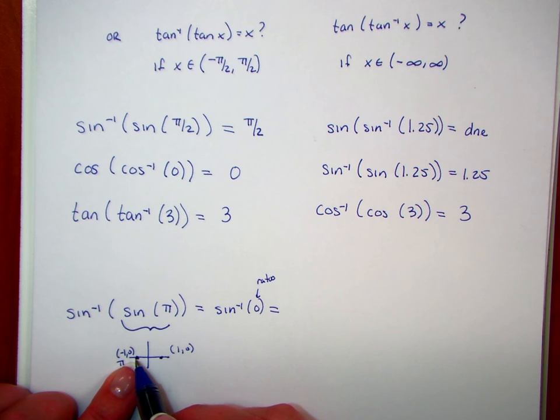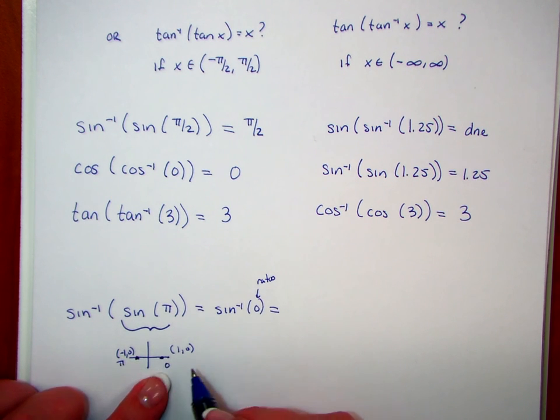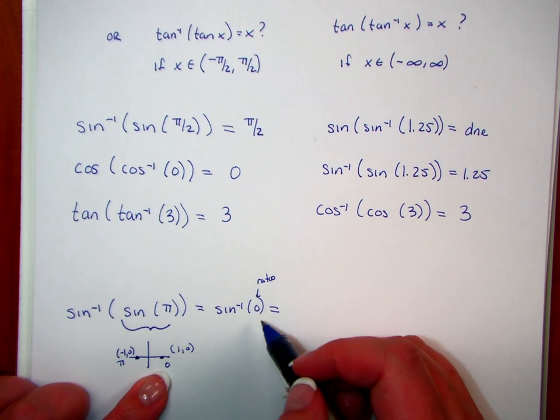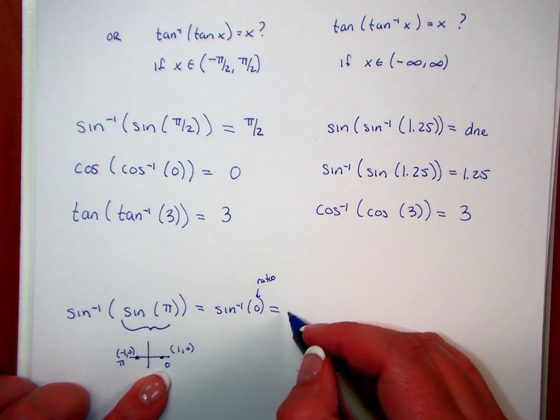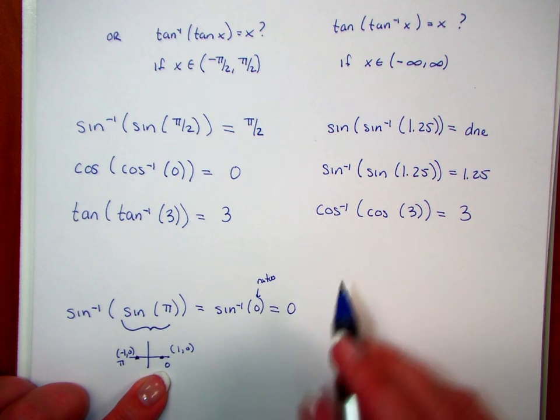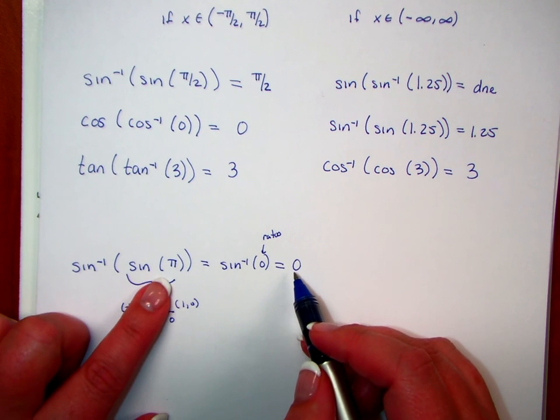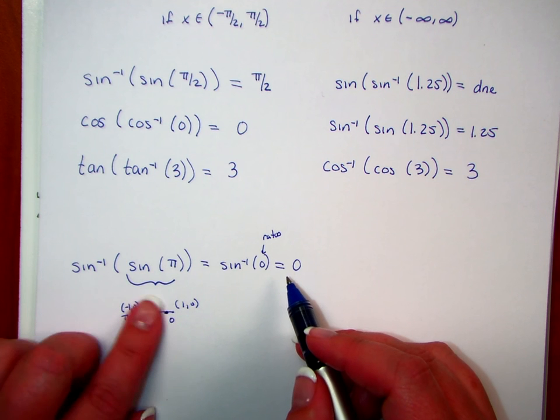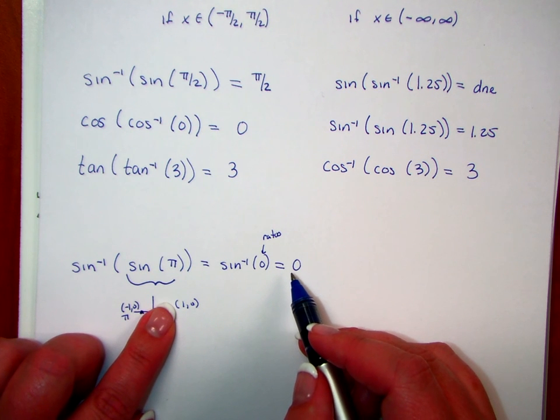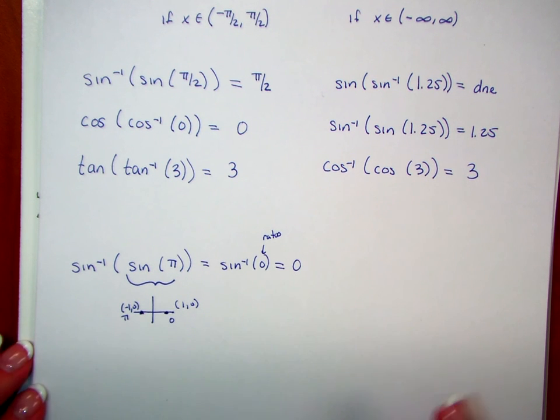So I'm going to translate the angle from pi over to this angle at 0, because both of these have the same sine value. If the ratio is 0, then the angle is 0. And so the answer is not pi. The answer is the angle in the correct restricted domain.